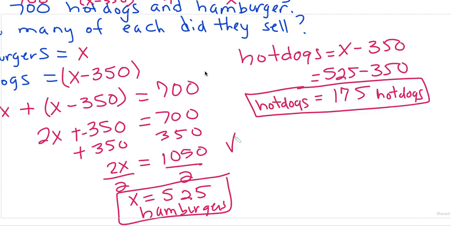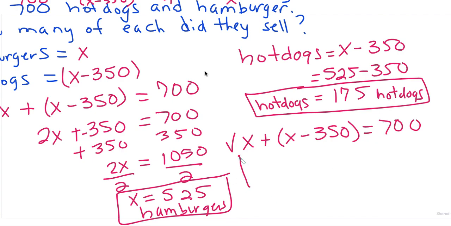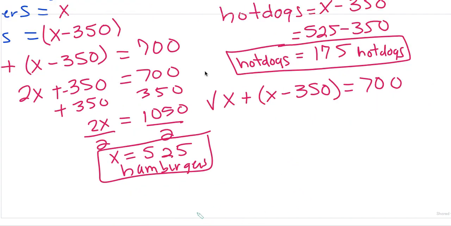So now we're going to check. x plus, so hamburgers plus hot dogs is equal to 700. So this is going to be 525 plus 525 minus 350.